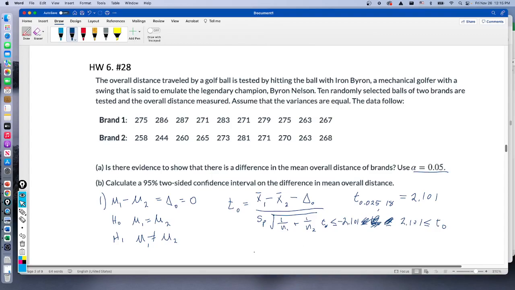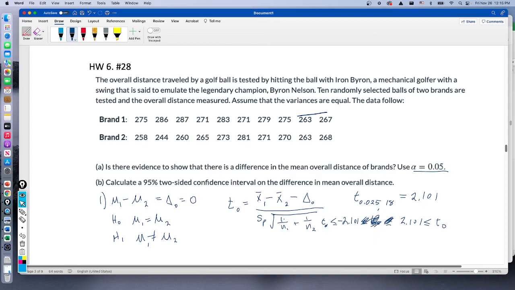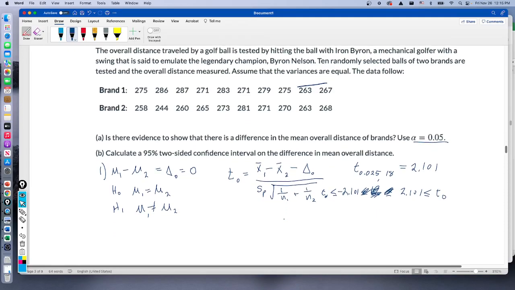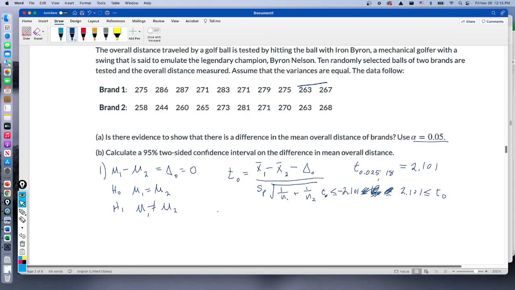So let's go ahead and do the calculations. What you need to do is, again, Excel could do this, you can get the standard deviations and the means of this sample, and I'll let you do that, but I've done that in advance. So x bar of the first ended up being 275.7, and the standard deviation of that ends up equal to 8.03.